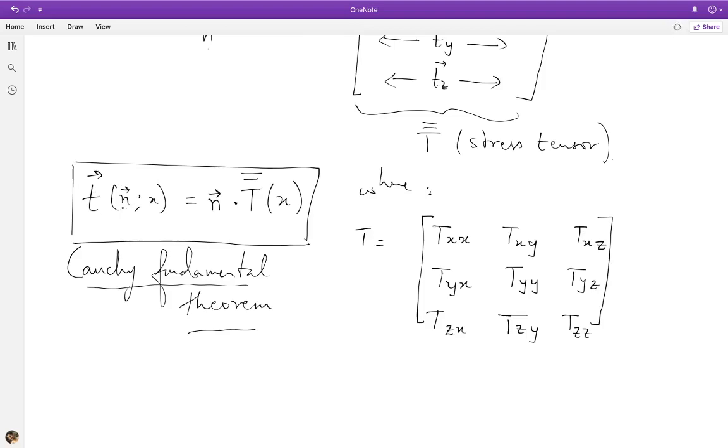But now we are able to decompose that seemingly intractable relationship by bringing n out and saying it's simply n dot a stress tensor, where the orientational dependence is entirely in n, and the stress tensor is only a function of space, and it has a definite value. The 9 components of it have a different value at a given point.